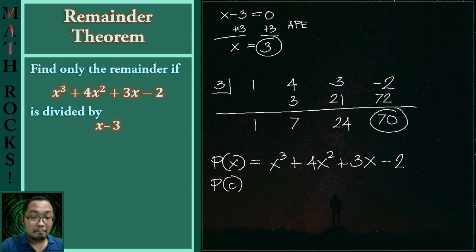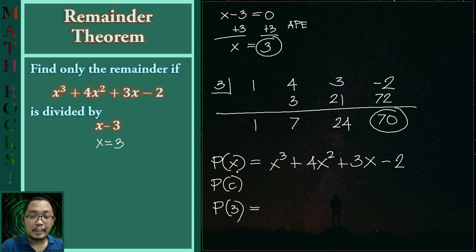Since we have restated the divisor of x minus 3 as x equals 3, then we should have an assumption that the value of x is equal to 3, writing the x by such value of the constant, having this p of c be p of positive 3.